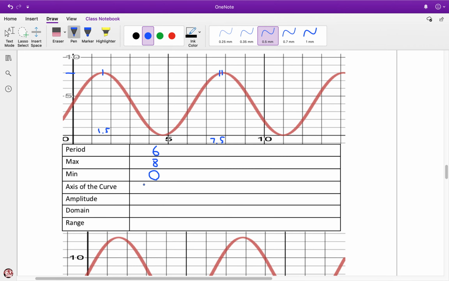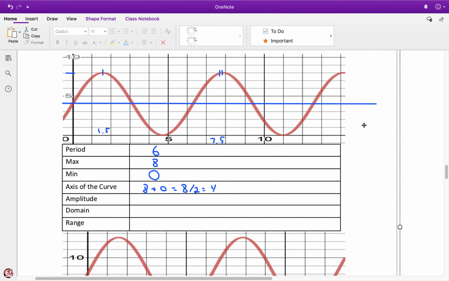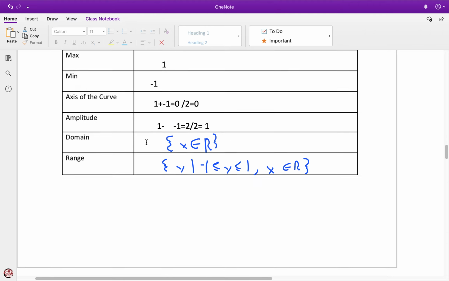So my max is 8 plus my min, that equals 8. Then divide this by 2, which equals 4. Which means if I were to put a line that cut this in half, I'd put it at 4, like so. Then my amplitude is max minus min divided by 2.